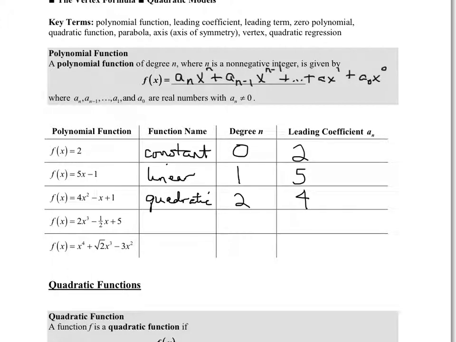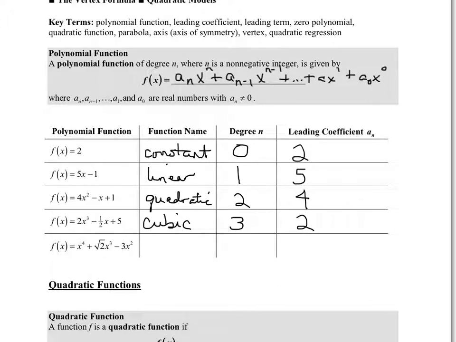Now, in the next polynomial function, we would see that the highest degree that we have here, the exponent that is the largest, is a 3. It's x to the third power. That means this is a cubic function, so it would be degree 3, and that leading coefficient is 2.